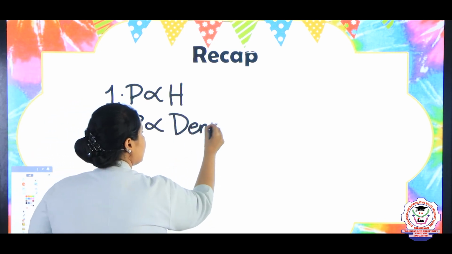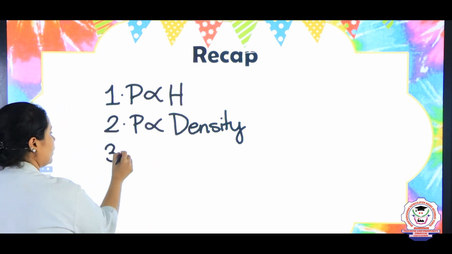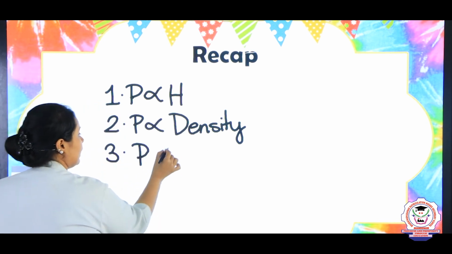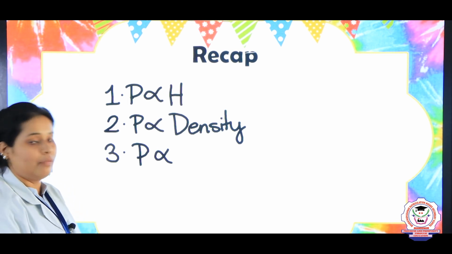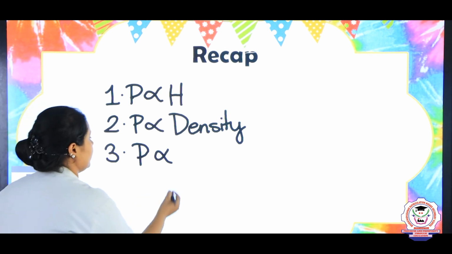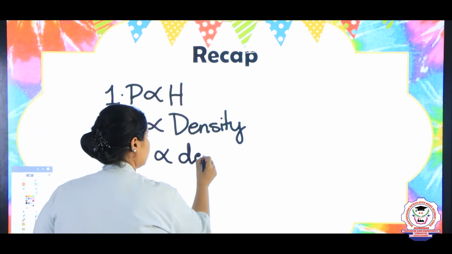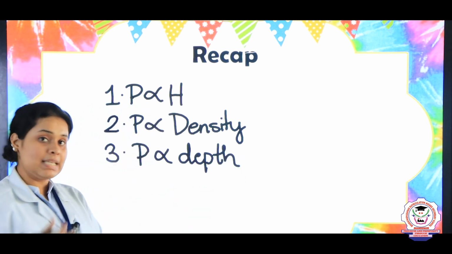What is it? Density. Then we have seen the third one is, pressure is always directly proportional to the height of the liquid, plus here it will come to the depth of the liquid. What is it? Depth. If it is deeper, that means pressure is higher.